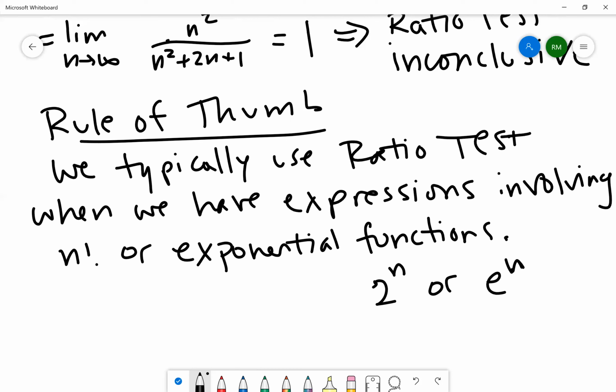These are times where we use the ratio test to find out whether the series converges or diverges.